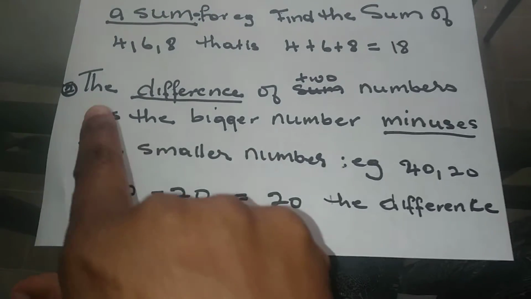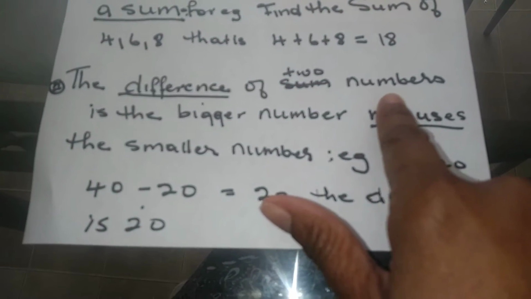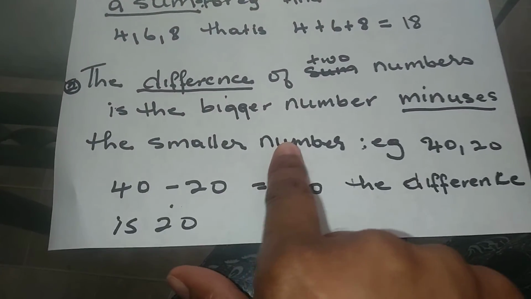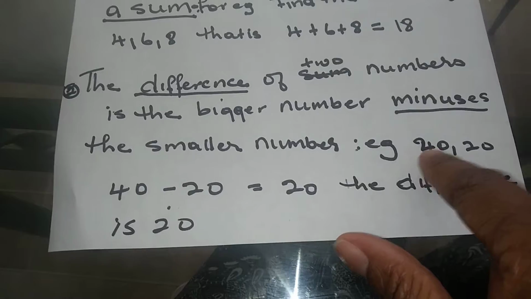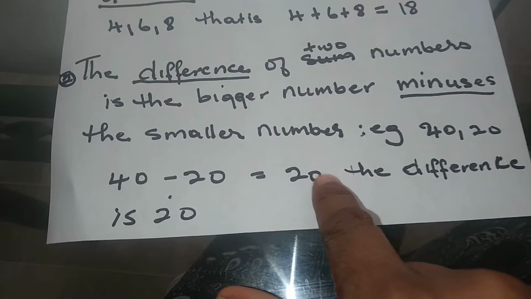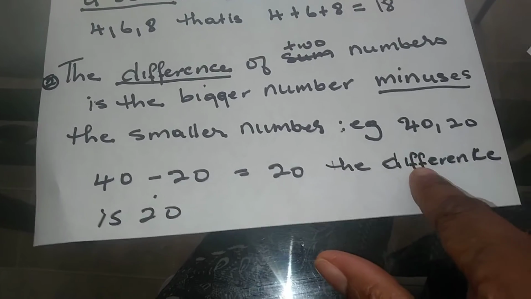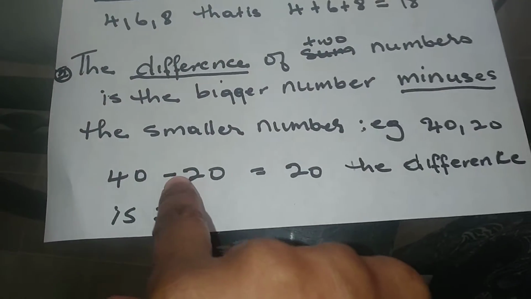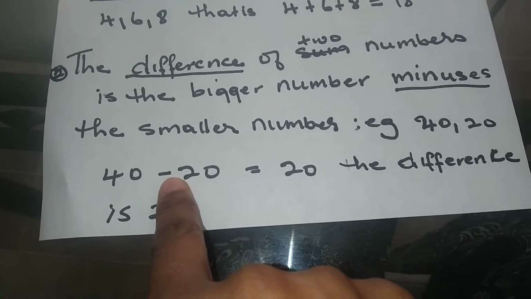Secondly, the difference of two numbers, whereby the bigger number minus the smaller number. For example, 40 and 20. 40 minus 20 equals 20, and the difference would be 20. The operation that we use here is minus.